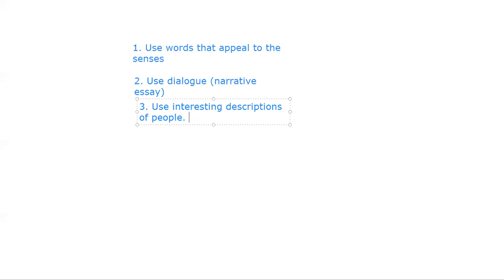So what about the cop with the red nose, or the large fat cop who was eating donuts, or the skinny old woman, or the woman with 5 children? You want to be able to describe people because it's going to make it more interesting to read. It's going to make the characters more real, things that you would see in the shop. I wouldn't go to the shop and say, I saw a woman today. I would say, I saw a woman who was stealing all the toilet paper, for example.